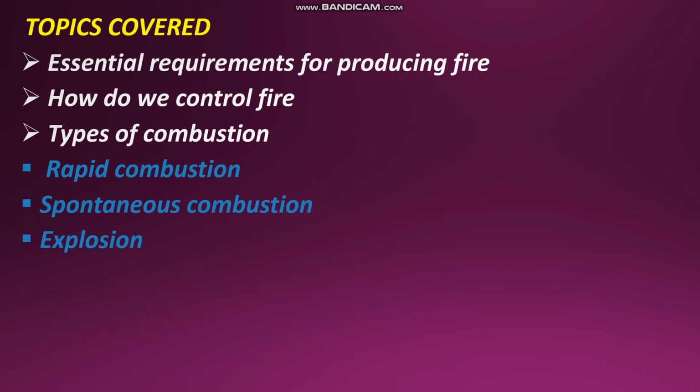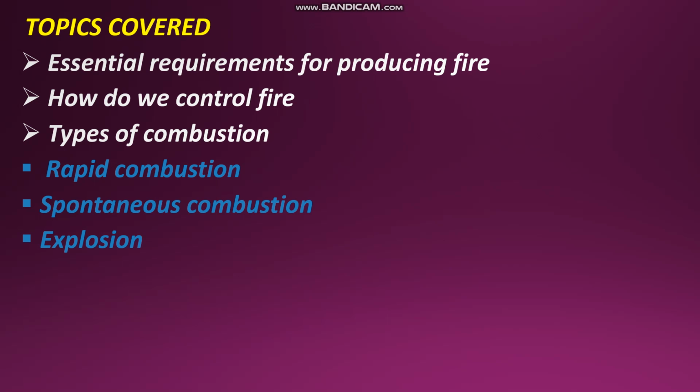So we have learned today's class. What are the essential requirements for producing fire? They are fuel, air and heat. Then how do we control fire? We can use a fire extinguisher like water. How does water control the fire? We have learned.